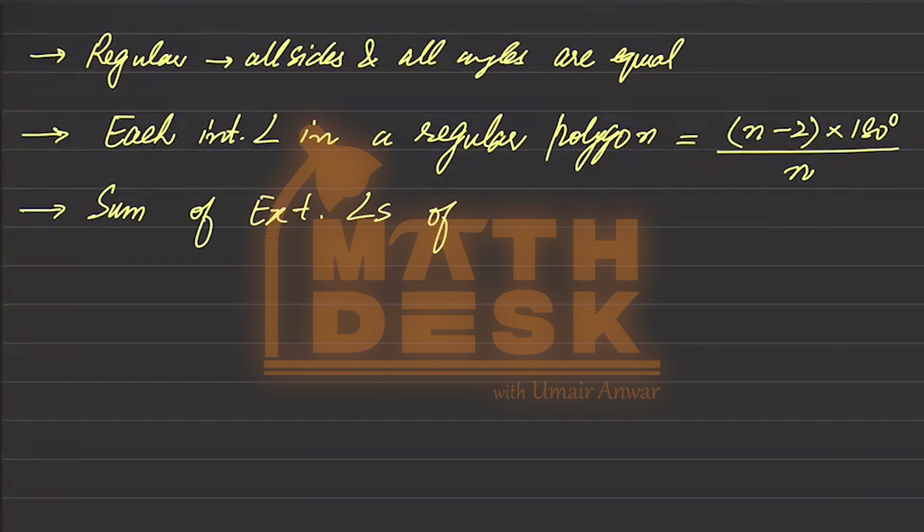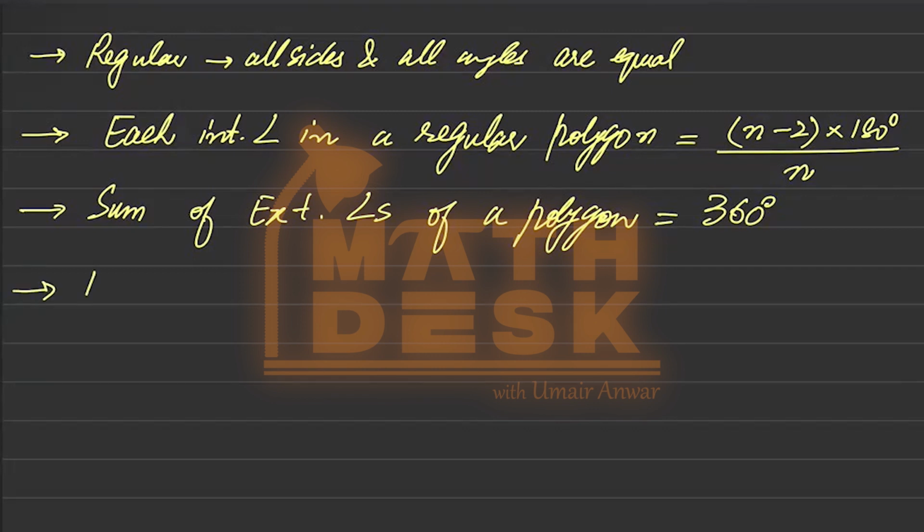The next thing is that the sum of exterior angles of a polygon is always equal to 360 degrees. And if we need to find out one exterior angle, we could divide it by the number of sides.